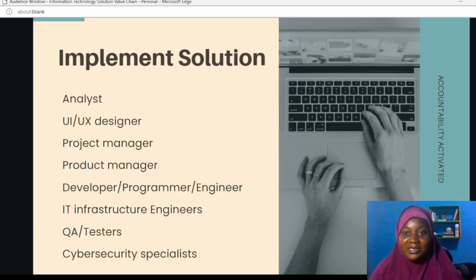For the UI UX designer, the developer, the testers, they prioritize what each person should work on depending on several factors. Maybe the organizational need, maybe the market conditions, maybe a competitor quickly released a product before your own release date.